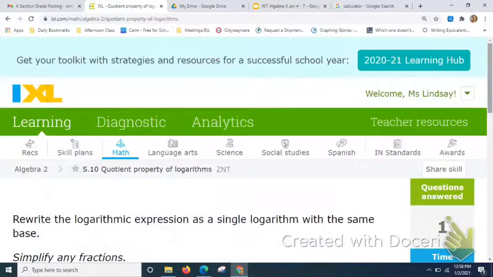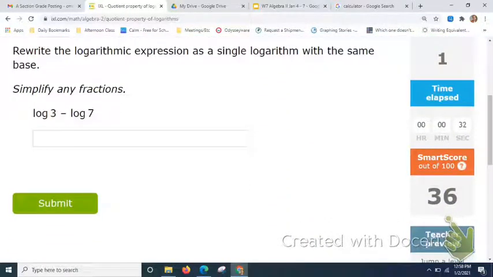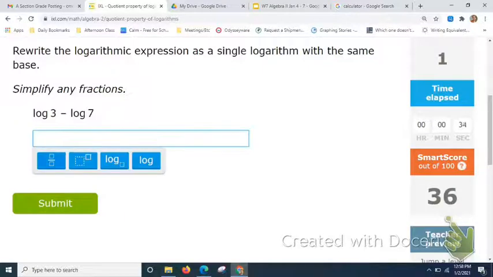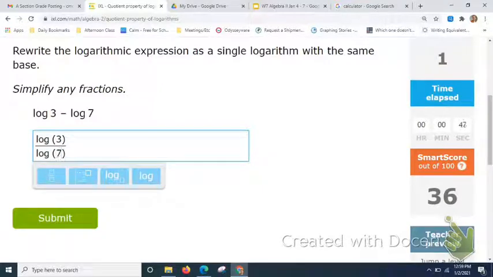See if we can get something a little bit different. So same thing here. Now if I'm rewriting it into a single, I know it's going back the other way. I need the fraction. Log of 3, log 7 on the bottom.